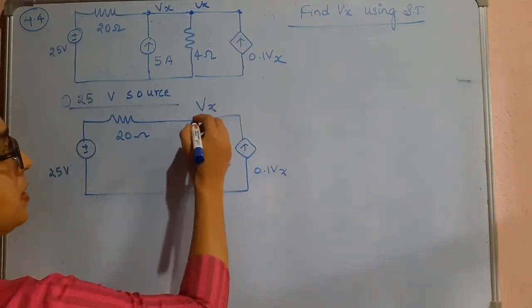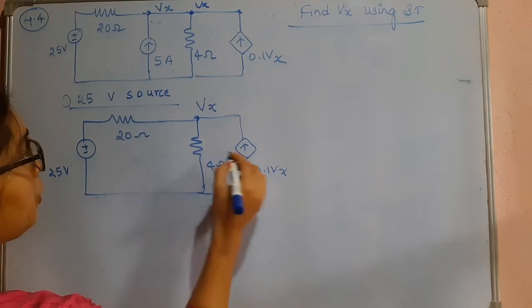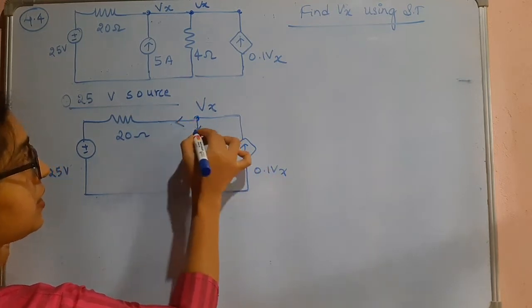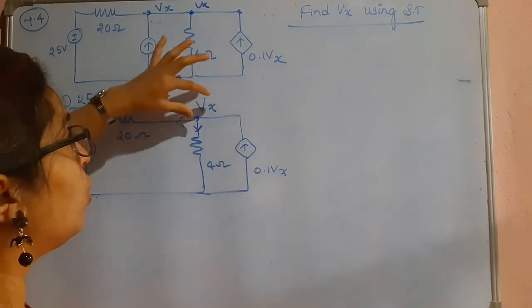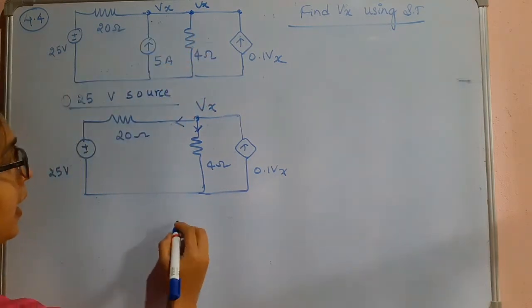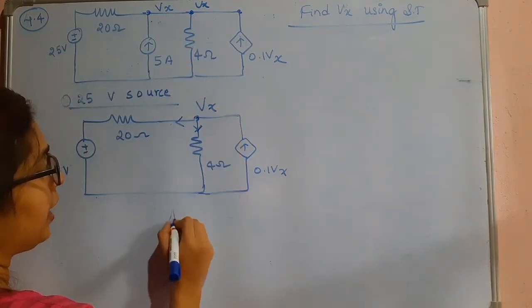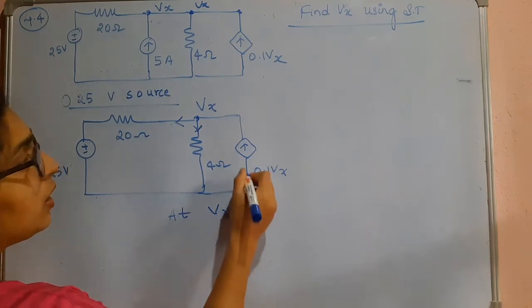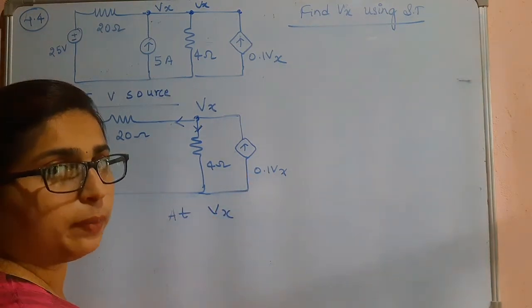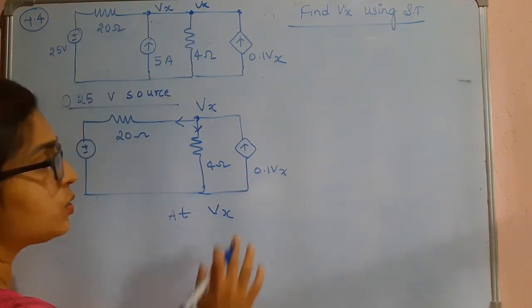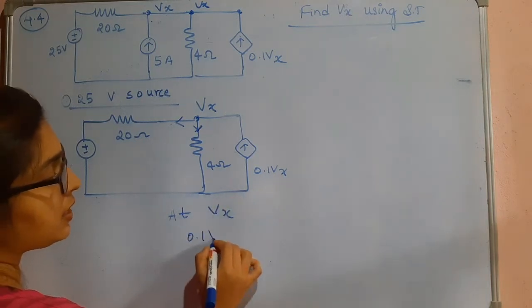Here we will consider the current direction like this. At this node, nodal analysis will be performed at Vx. The sum of incoming currents will be equal to the sum of outgoing currents. The incoming current is 0.1 Vx.